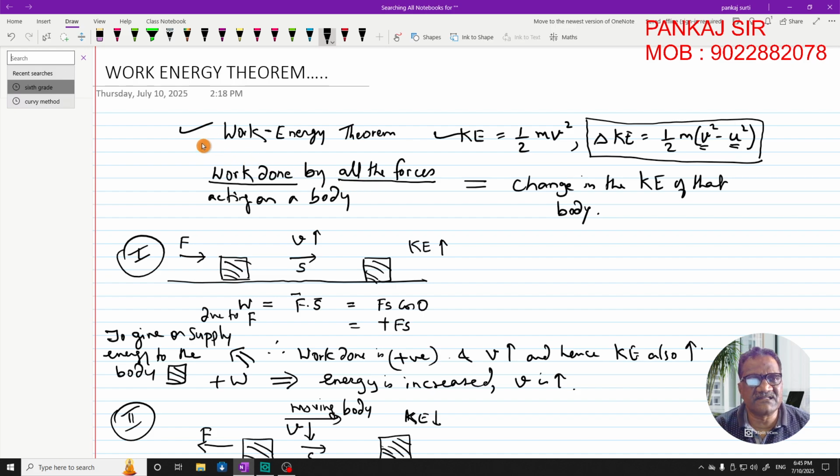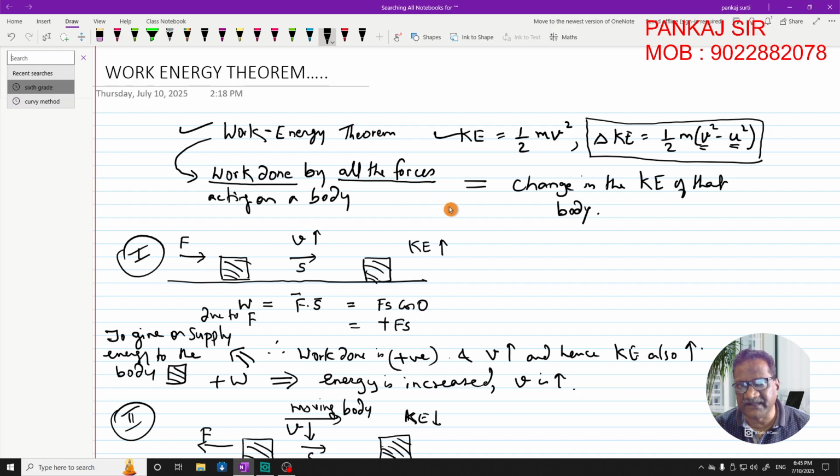So work energy theorem states that the work done by all the forces acting on a body at that particular time is equal to the change in the kinetic energy of that body. This is your work energy theorem.